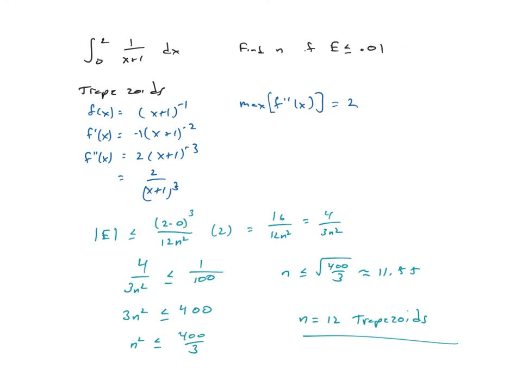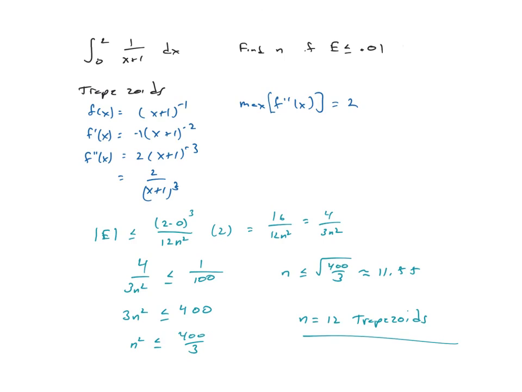My second derivative of this is 2 over (x plus 1) to the third power. And so the maximum of my second derivative on the interval from 0 to 2 is going to happen when x is 0.